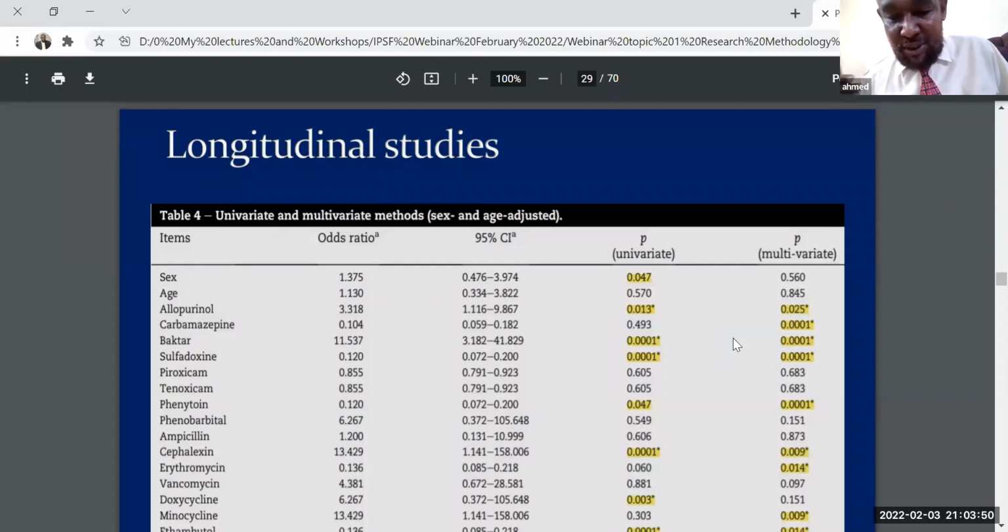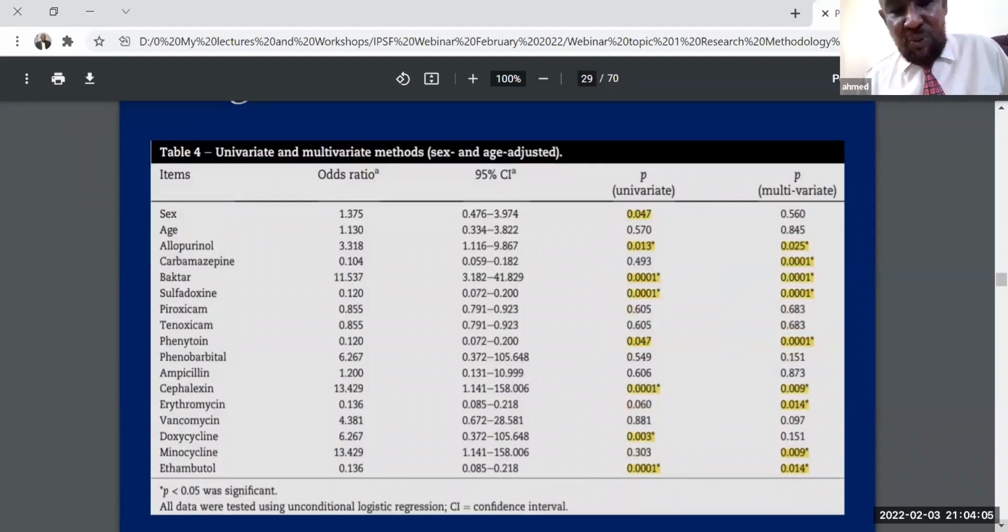In real life, any outcome is not affected by one variable, but normally by a lot of variables. And using multivariate, we are showing the effect of all the group of variables tested or analyzed together.